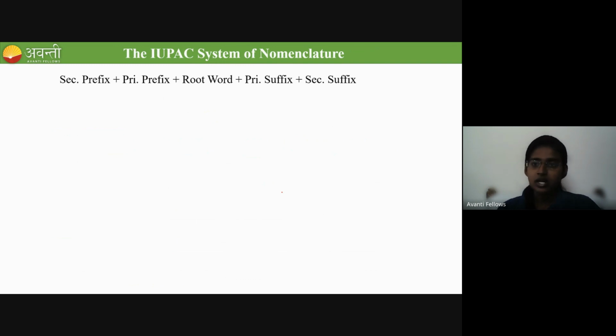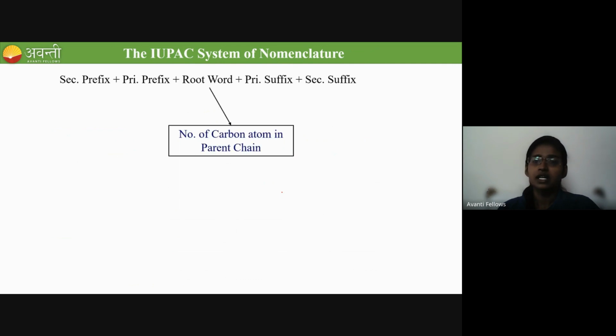Okay, so what is a root word? Root word denotes the number of carbon atoms in the parent chain. Who is the parent chain? The longest carbon containing chain is called as parent chain. So the number of carbon atoms in the parent chain denotes the root word.